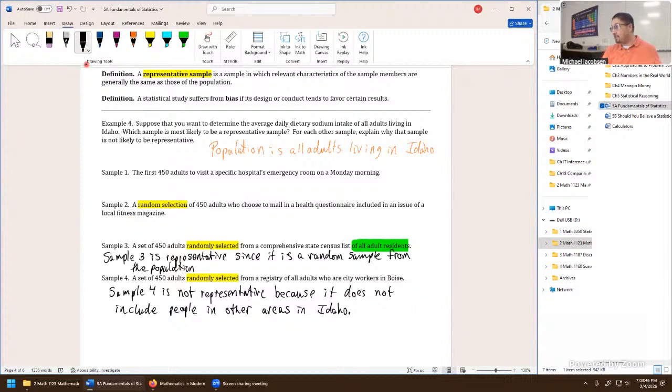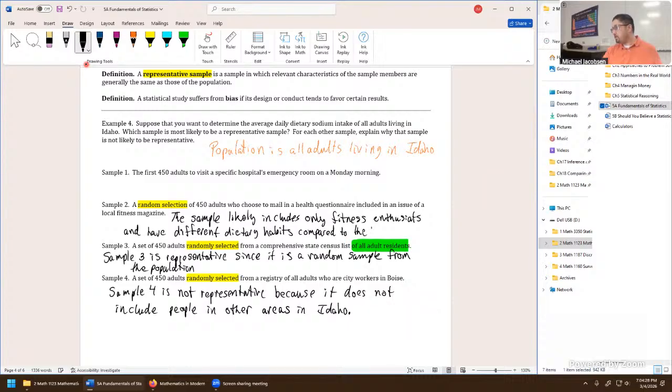So here we can say the sample likely includes only fitness enthusiasts because they subscribed to a fitness magazine, and have different dietary habits compared to the typical Idahoan.